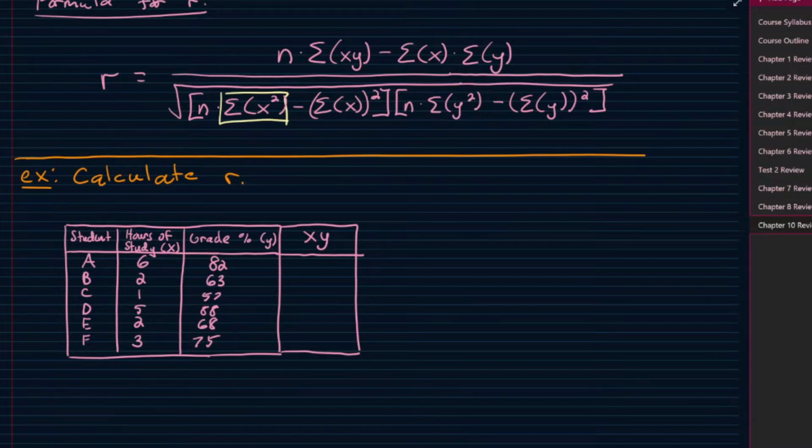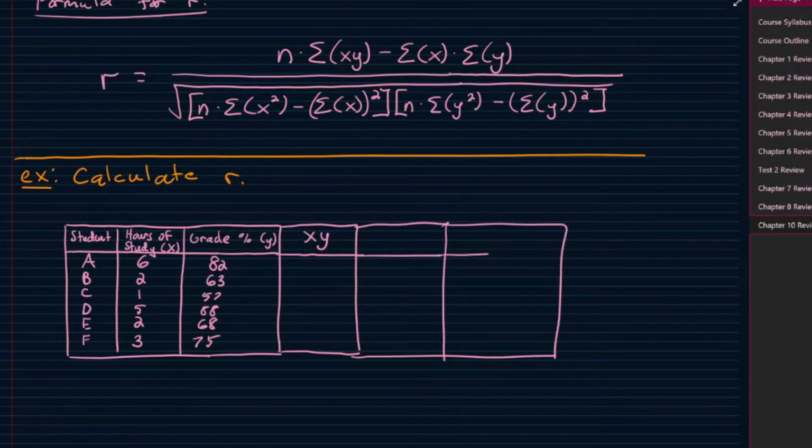So we want a column of x squared and a column of y squared values. And you could do every question this way. You can have the same columns every single time. We need xy, x squared, and y squared for these summation values.